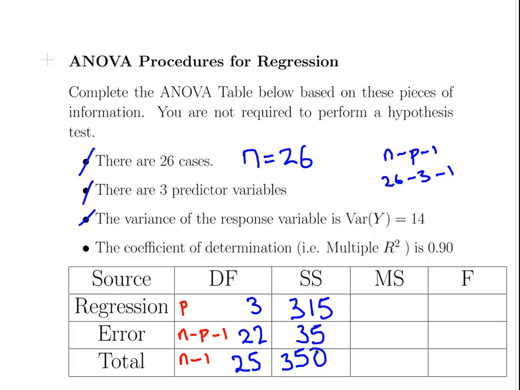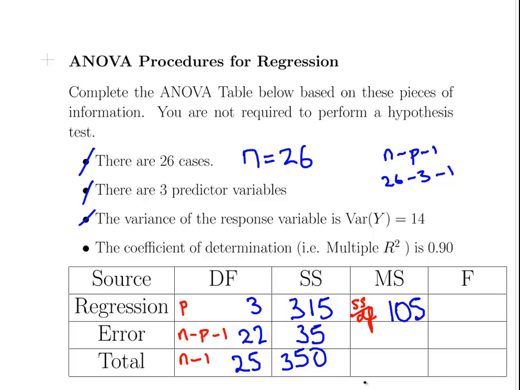Now we are going to calculate the mean squares. The mean squares, as always, are the sums of squares divided by degrees of freedom. So this is 315 divided by 3, and that is 105. The next one is 35 divided by 22.